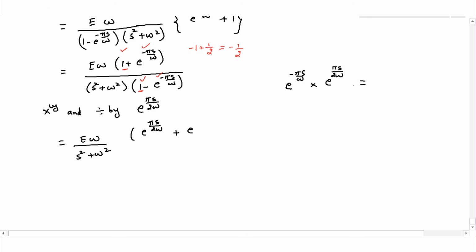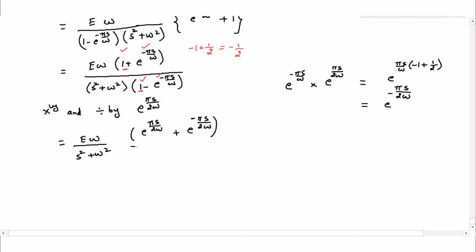When bases are the same, powers can be added. So e power of, I have pi s by omega common. The first term will be minus 1, the second term will be half. Because I'm adding, pi s by omega is taken common, so we'll be left with minus 1 plus half, which is minus half. So it becomes e power of minus pi s by 2 omega. So try to rewrite it over here. You will be getting minus pi s by 2 omega.